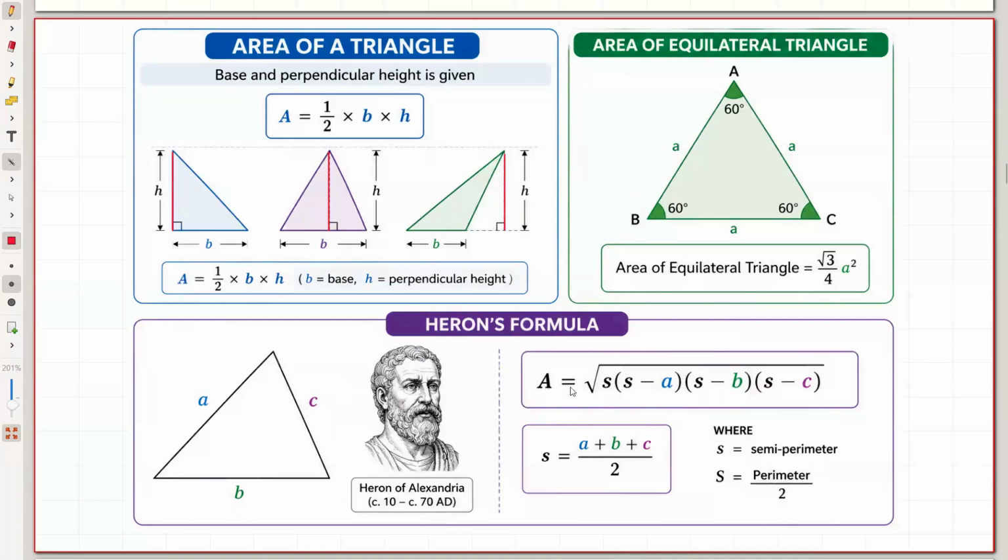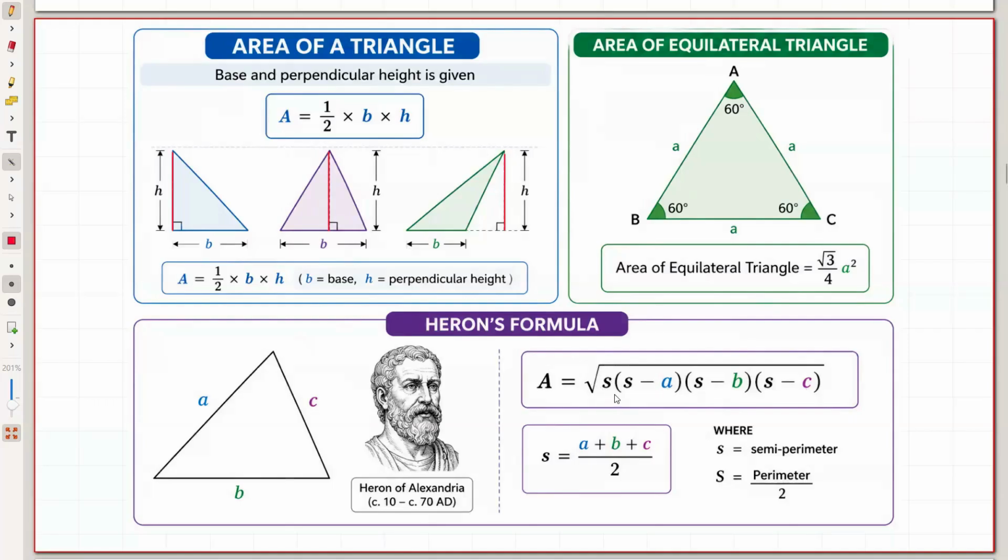The area is equal to square root of S into S minus A, S minus B, S minus C. Once again, area is equal to square root of S into S minus A, S minus B, S minus C. This is the area of a scalene triangle using Heron's formula.